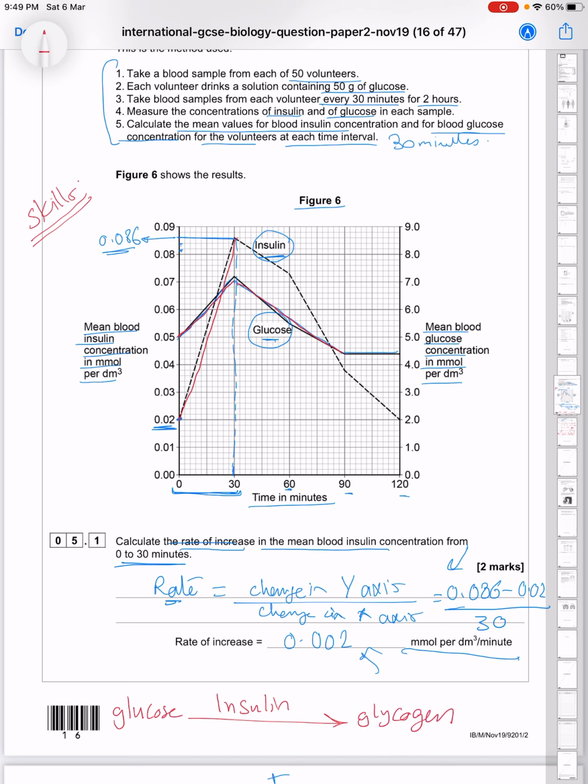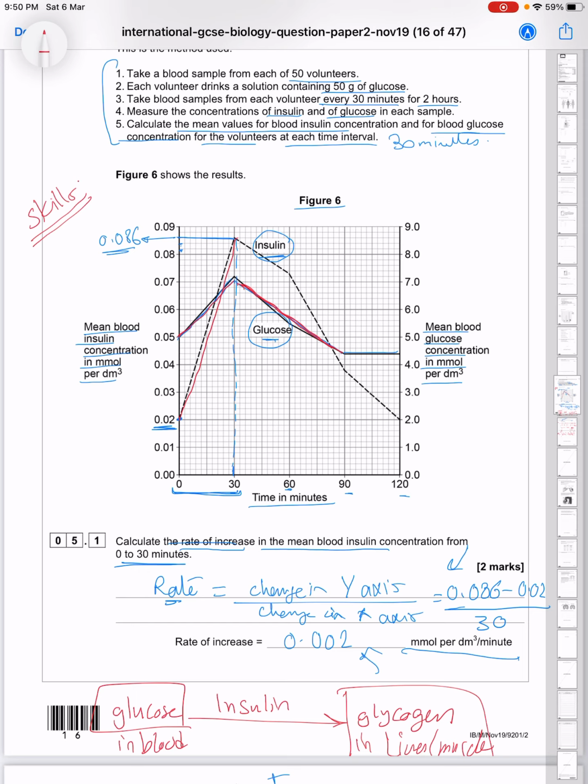Why does this happen? Because I need to lower the amount of glucose in the blood. So glucose in the blood, when insulin is produced, is going to be stored as glycogen in the liver and muscles, because basically I need to get this amount of glucose down, and that's why the glucose is decreasing. I hope that was clear.